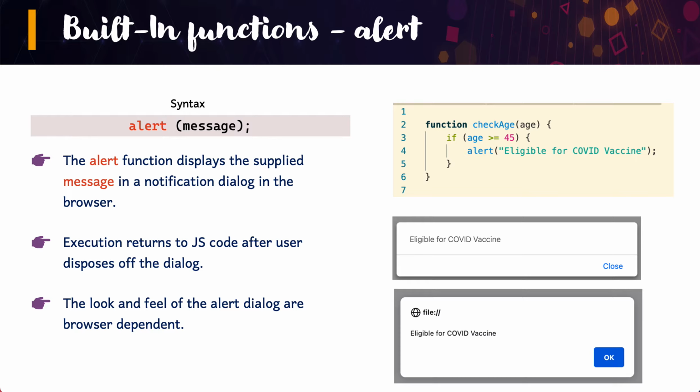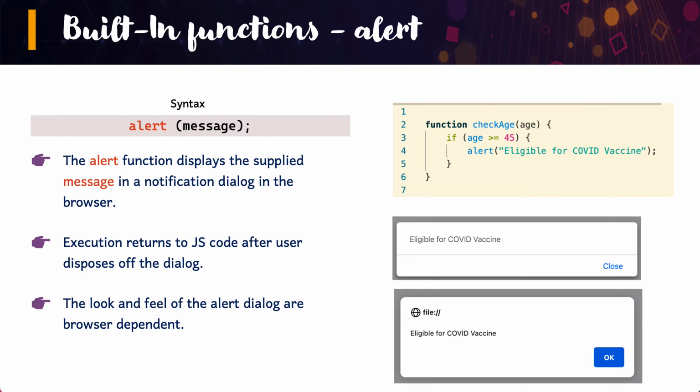Look at the syntax on the left hand side. Alert, and then it takes a parameter which is essentially a message, which is a string. What this alert function does is it pops up a dialog box to the user on the browser and gives out the message with an OK or a close button.